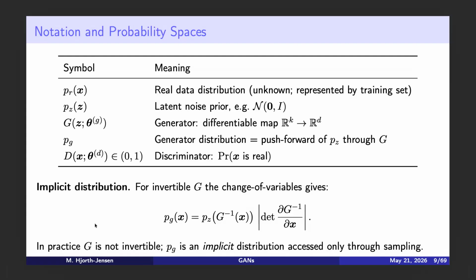This is the idea behind a method which we haven't discussed, called normalizing flows. If you have a simple model for the probability, this is something you can do. It requires, however, that you calculate the determinant of that quantity, which in general is not invertible and can be very multidimensional because the probabilities live in many dimensions. So PG is an implicit distribution, and it's normally accessed only through sampling.